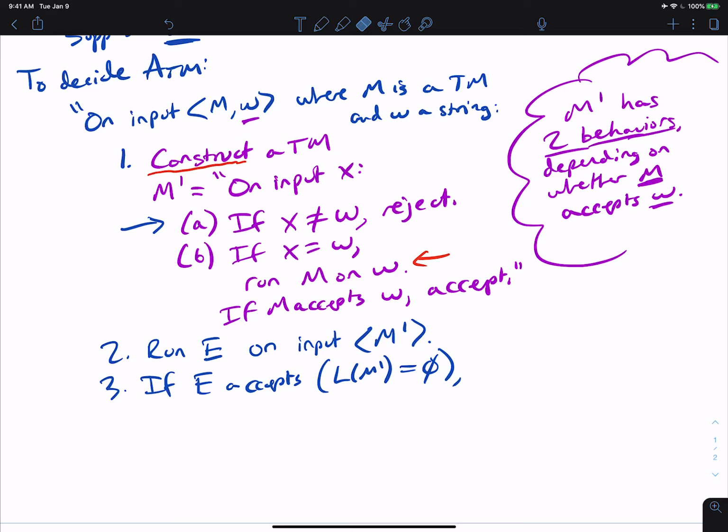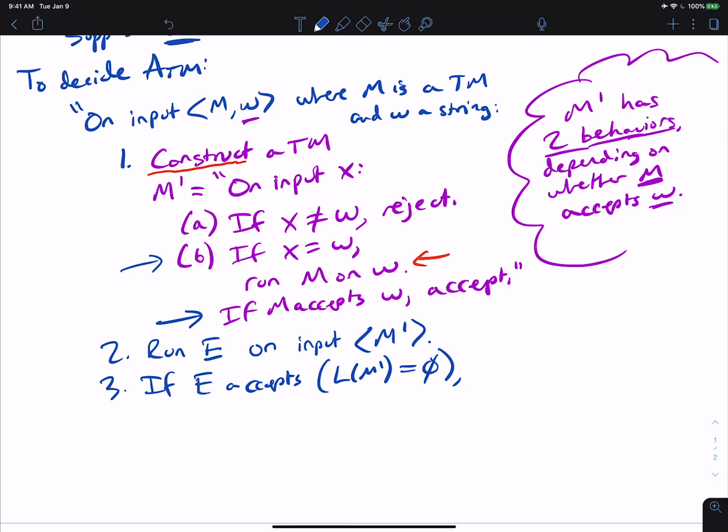But now let's look at the case down here. If it is equal to that string, the only possible way that the language could ever be not empty is if M accepts W. So if M accepts W, then M prime's language is not empty.